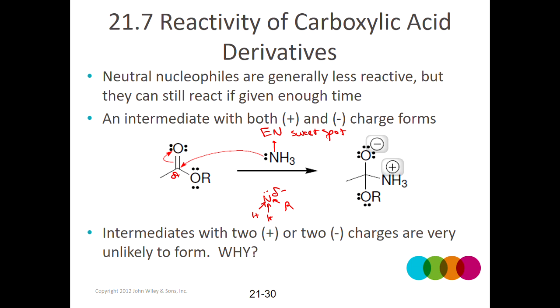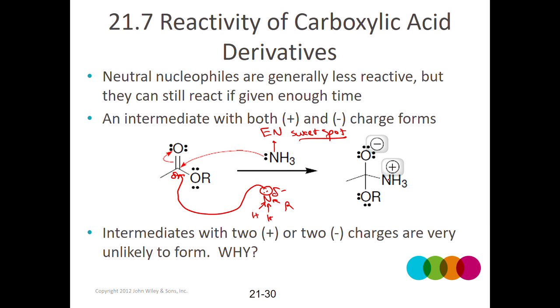So it's high in electronegativity, enough to attract electrons and create a partial negative, but it's not too high in electronegativity. If it were too high, then it would also attract its lone pair too strongly and it wouldn't be willing to share it. And so it's a sweet spot because it's high enough in electronegativity to carry a large partial negative, but low enough to be willing to share those electrons and take on a positive that's not really that unstable.